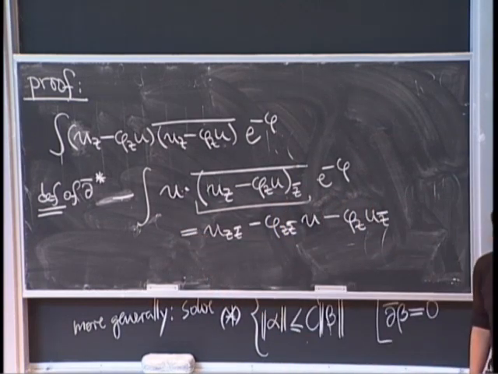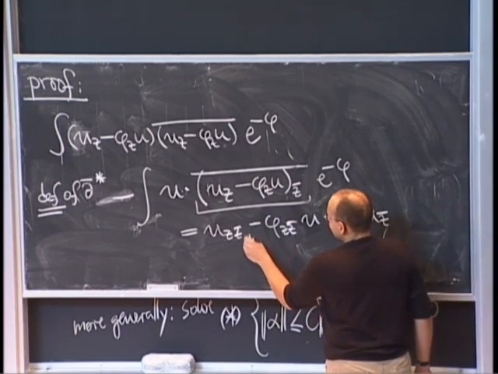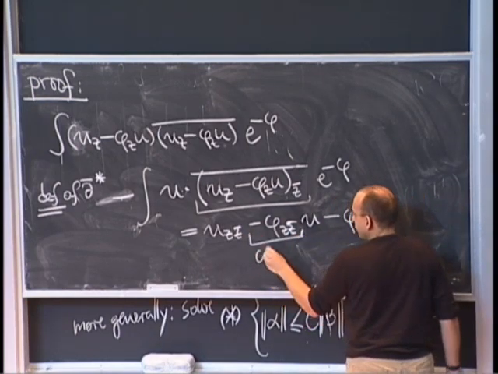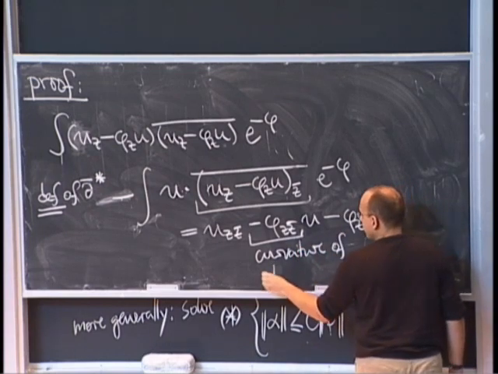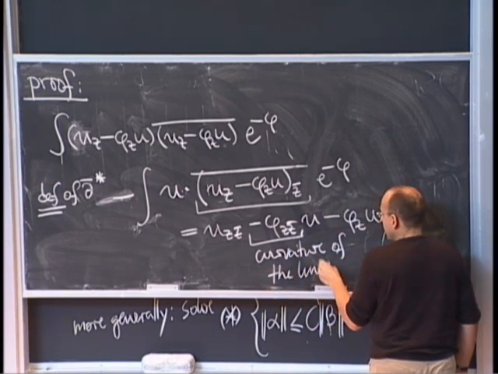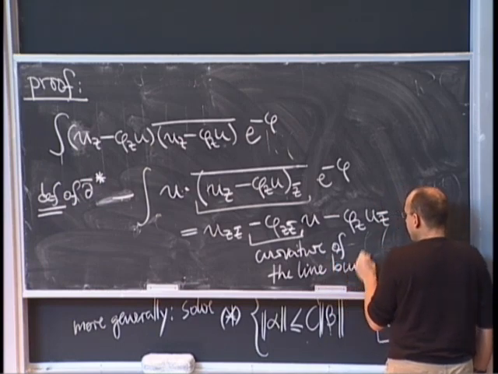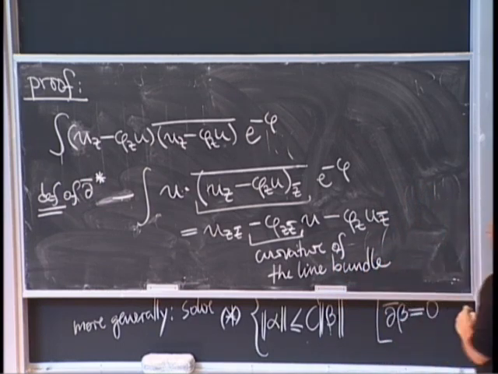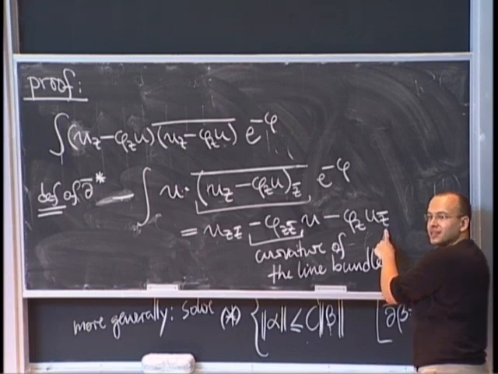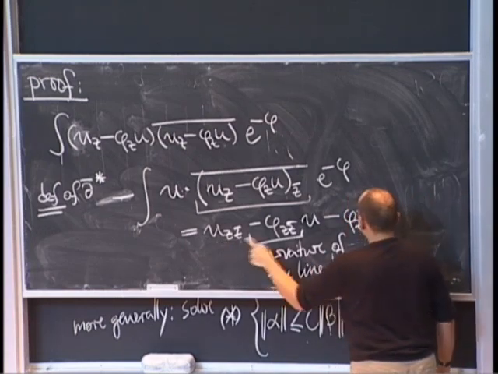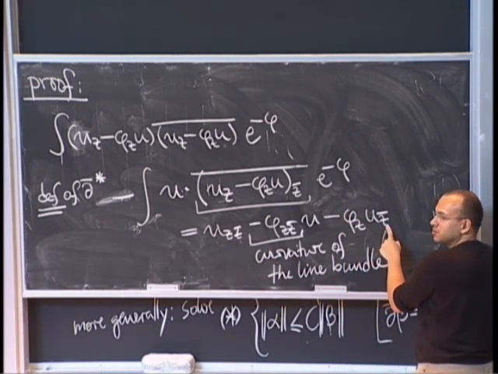And now you see two things. This is the curvature of the line bundle. But what is the rest? It's uz z bar minus phi z times uz bar.